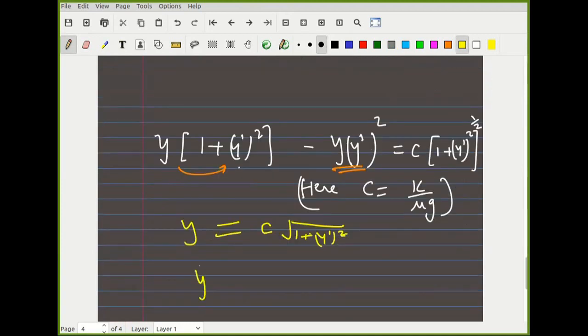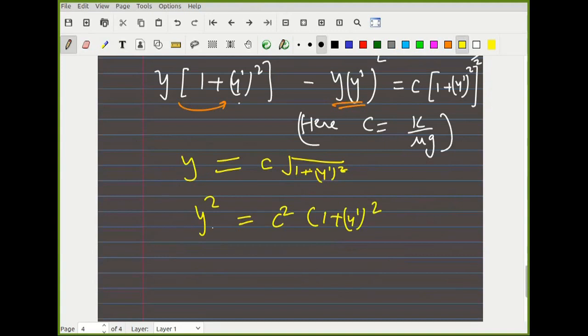So y square equals c square times (1 plus y dash whole square). Which means y square minus c square equals, c square into 1 has come this side. What is remaining is c square into y dash square.